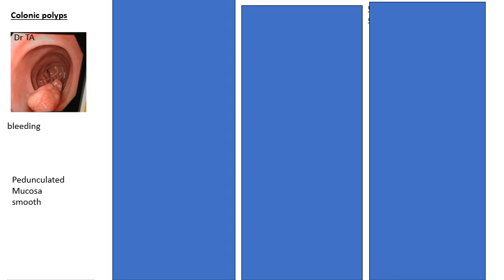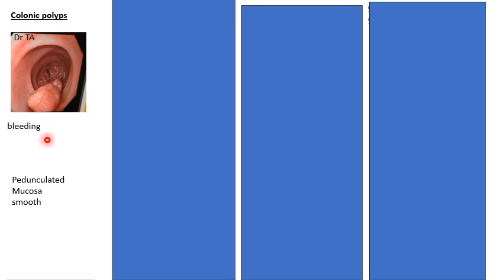I didn't want to put all the images in one slide. Students tend to go ahead of me and unnecessarily waste their time. Coming to colonic polyps, this is from Dr. Thomas Alexander, a gastroenterology colleague in PIMS. How do they present? Mostly with bleeding.